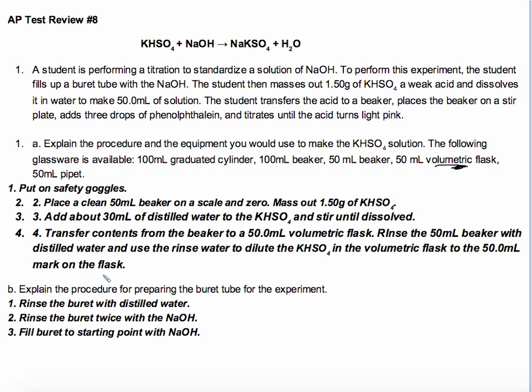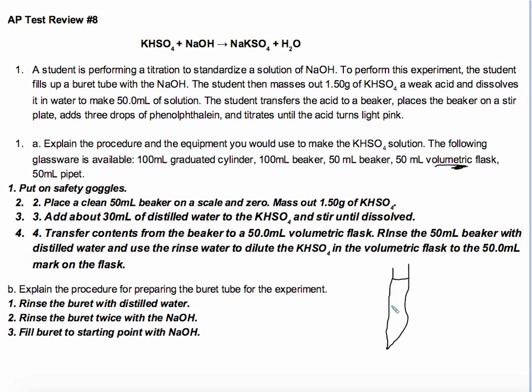Explain the procedure for preparing the burette. With the burette tube, when you get it, you always want to rinse it out with some water, but then you want to rinse it twice with the solution that you're going to be using in the burette tube. That keeps it cleaned out. A mistake that people make sometimes: let's say this is the tip of the burette tube, and they rinse it out with water.